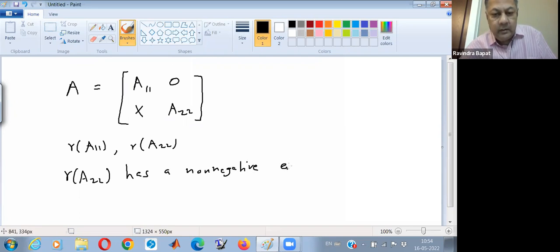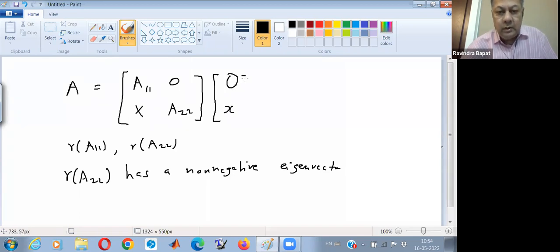I'm not proving it, but it is not difficult. Why is this true? Because A22 is irreducible, so A22 has a non-negative eigenvector. If you take a 0 vector here and a Perron vector of A22, imitating the 2 by 2 example, that will work out to be a non-negative eigenvector for A.